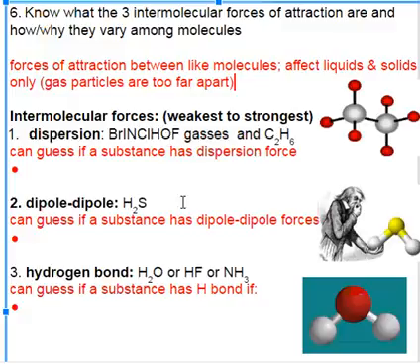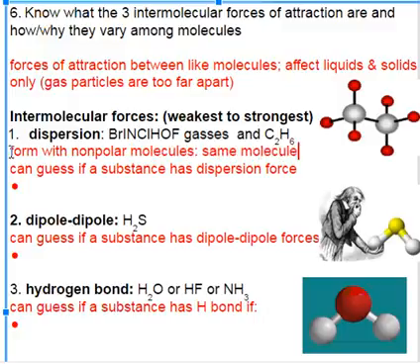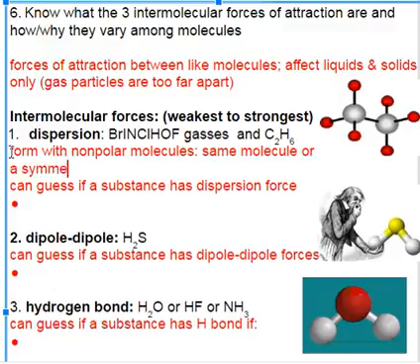And then also, dispersion forces form with nonpolar molecules. So same molecule or a symmetrical molecule.